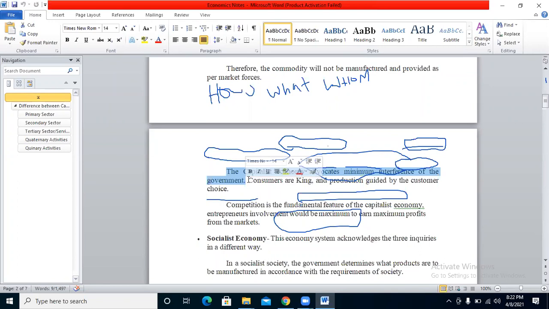The main motive in a capitalist economy is to earn the maximum profit. So the individuals or entrepreneurs involved in economic activity want to earn the maximum profit. In capitalist economics, the main motive is the maximization of profit.